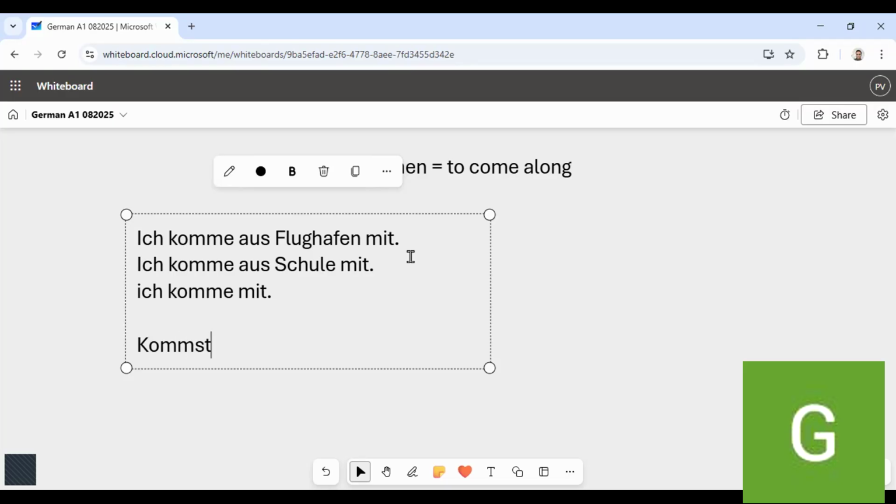Then the second part will be put at the first position, like I told you before, the Frage verb will always come at the first position. Then if you want to put something in the sentence, like kommst du auch mit, are you also coming along? Then the answer will be like this: Ja, ich komme mit. Yes, I am also coming along.